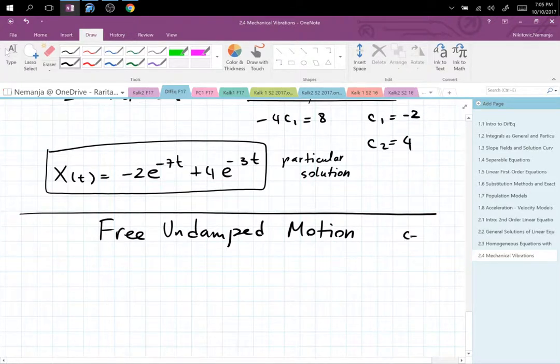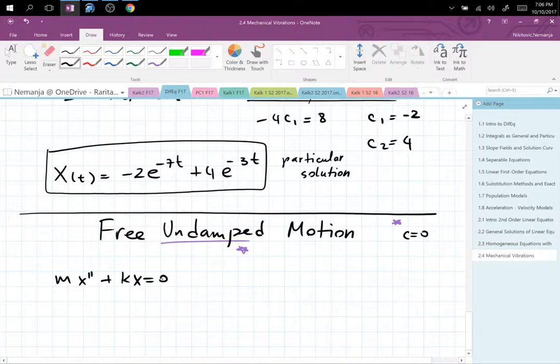And this means C is equal to 0, undamped, right? Maybe I should underline this and put a little star, so you know that that means that. So now, when C is equal to 0, your equation becomes just this.